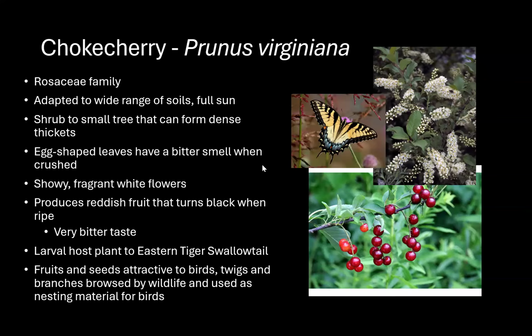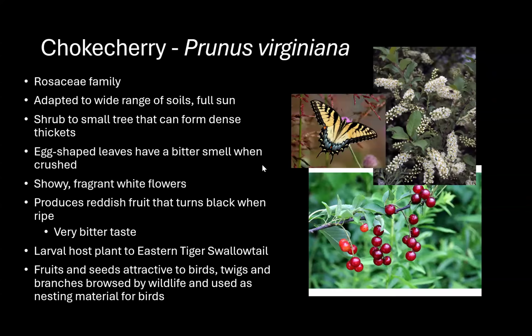Wildlife aren't really going to touch the berries either, like mammals, although sometimes, if you have some real hungry deer, they may nibble on the twigs. But this should be relatively deer resistant because of its toxicity. But again, if they're hungry enough, they could actually mess with it.